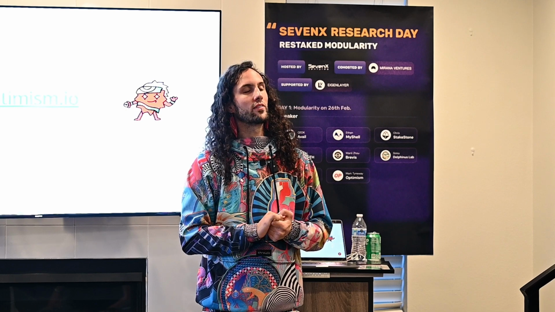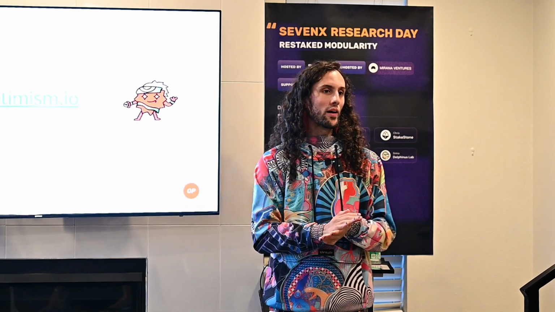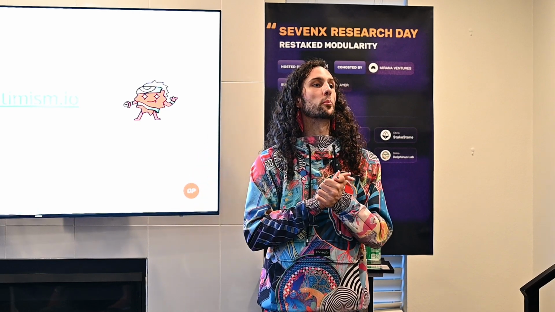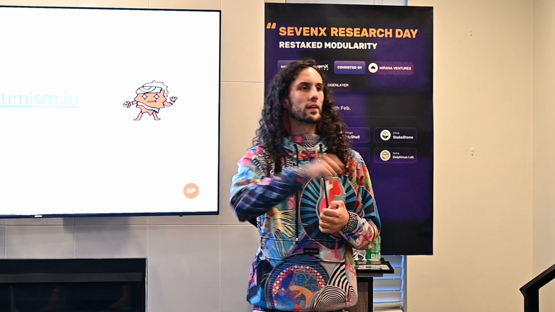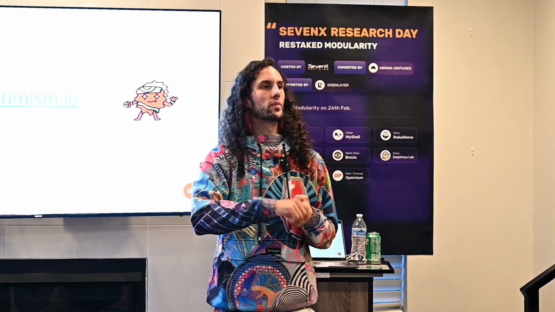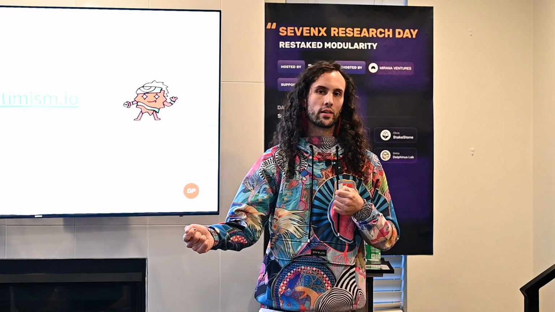I've heard a million different definitions of what Suave is, but I do know that Suave is supposed to allow you to program MEV-Boost auctions, because MEV-Boost gives you this auction where you can bid on the proposer including your block, right?